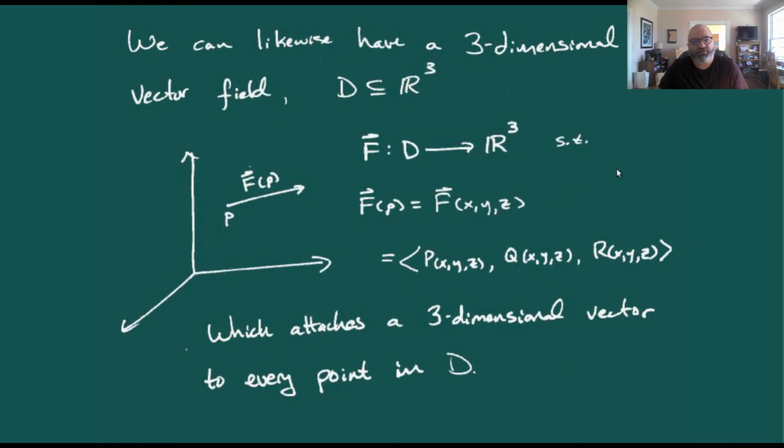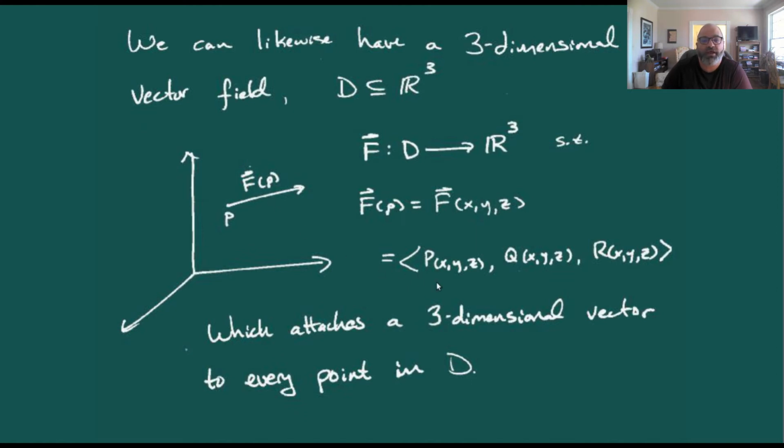There's nothing wrong with having this in 3 dimensions as well. If we take a subset of R3, we can have a 3-dimensional vector field where for each point p in our space, we attach a vector f of p.